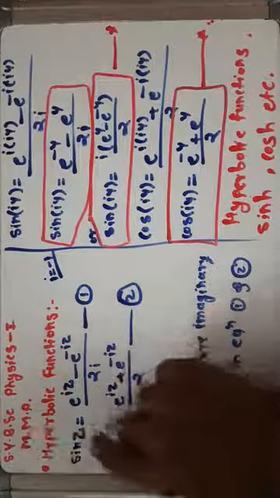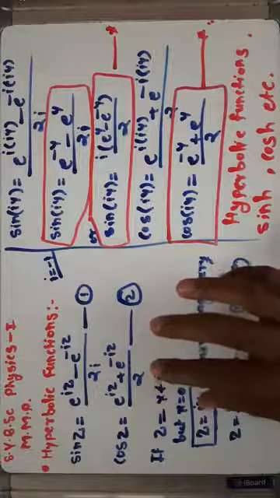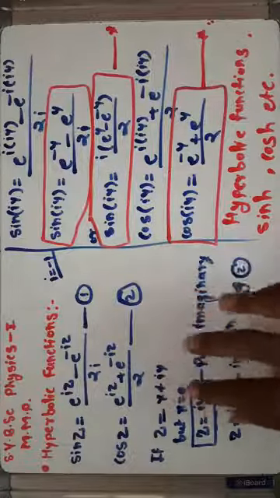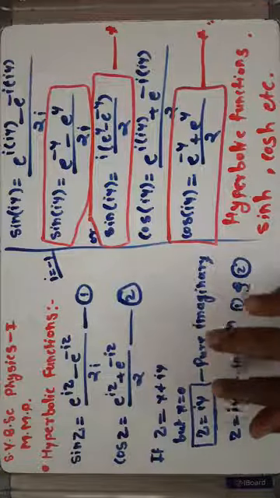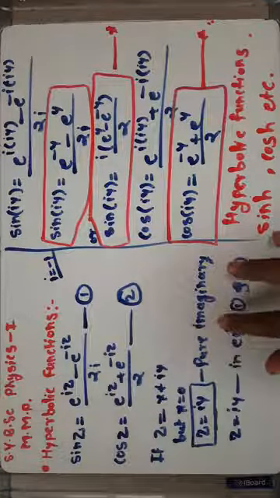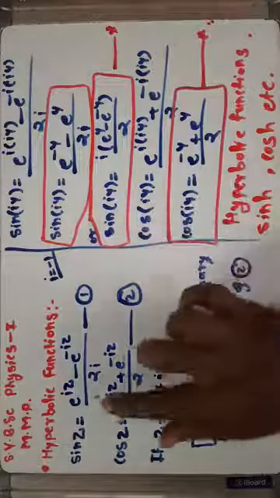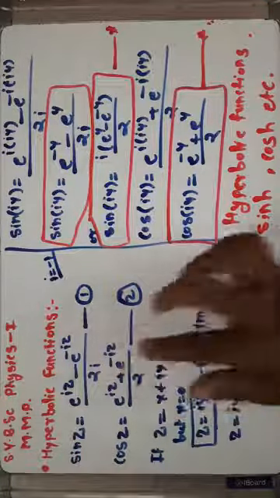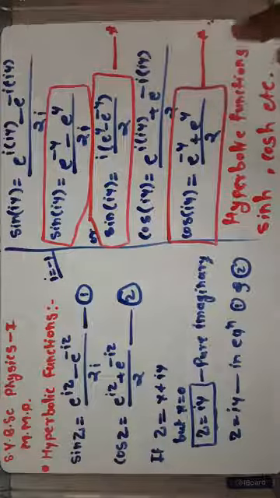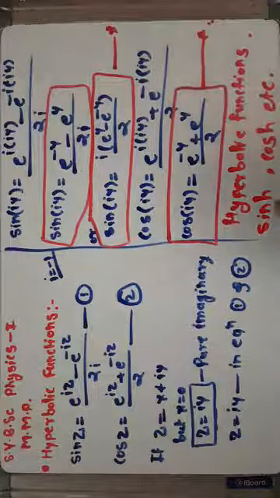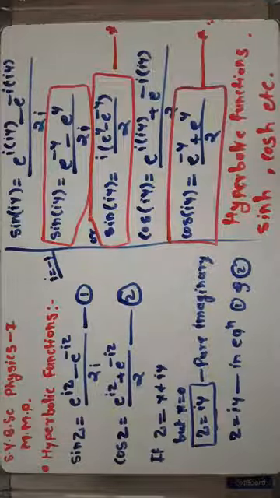We replaced theta by z in equations 1 and 2, but here z is a pure imaginary number iy. Replacing this, we got these functions, the hyperbolic functions, abbreviated as sinh, cosh, tanh, and so on.